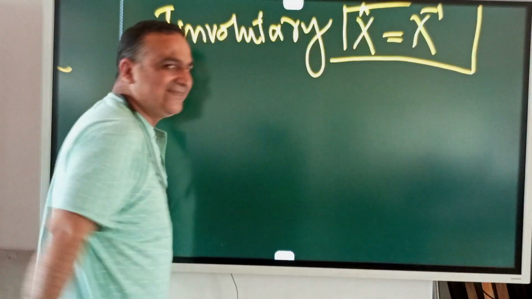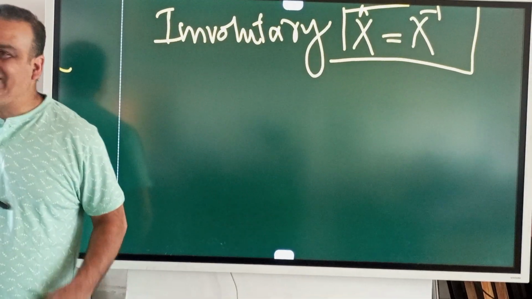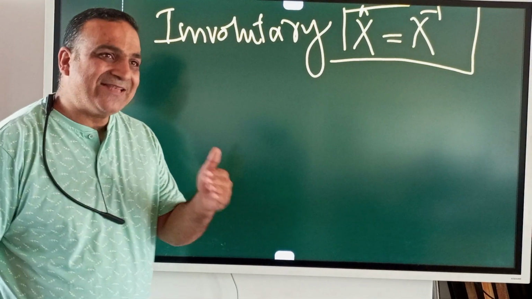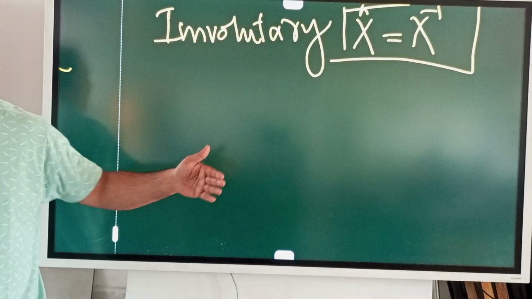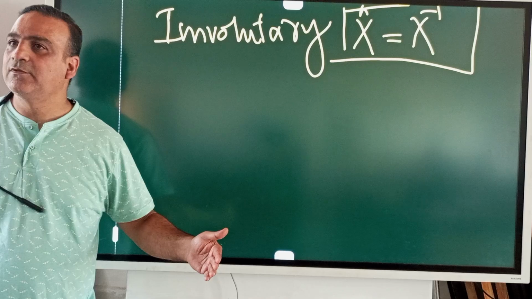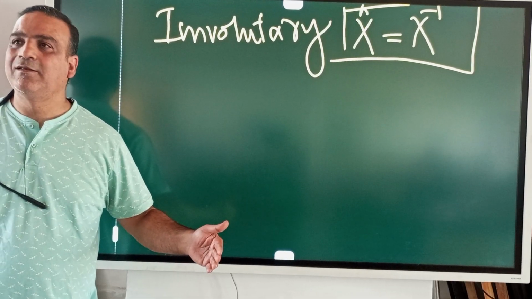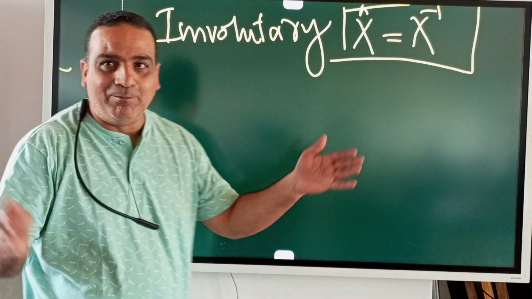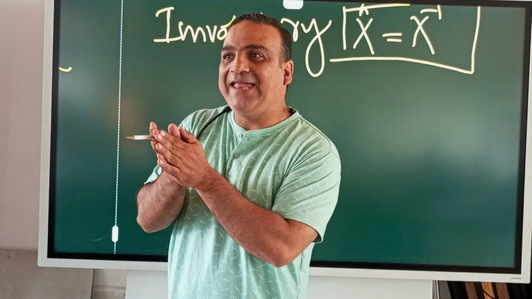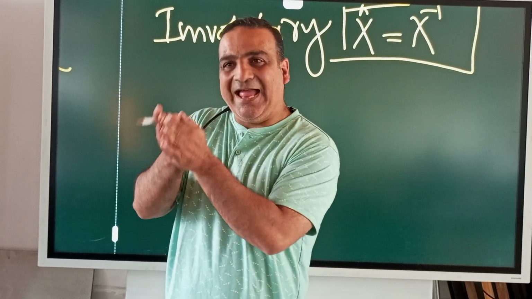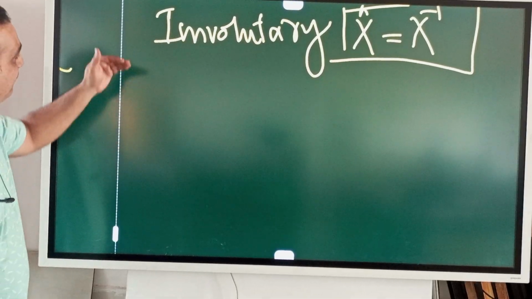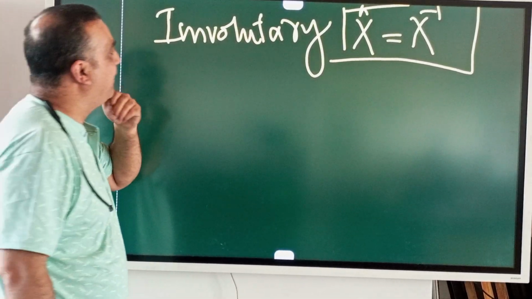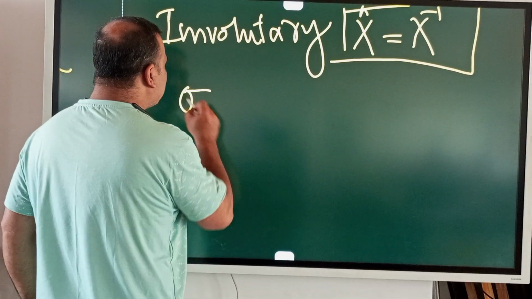So how can I test that an operator has a corresponding inverse? Very good. I will multiply the two, and if I get an identity, that will confirm the involutory property. So let's take our sigma x.